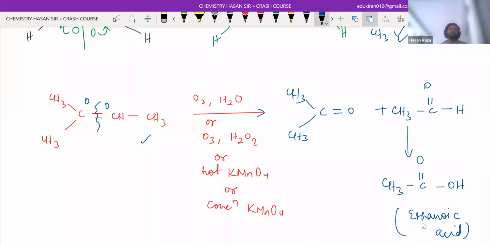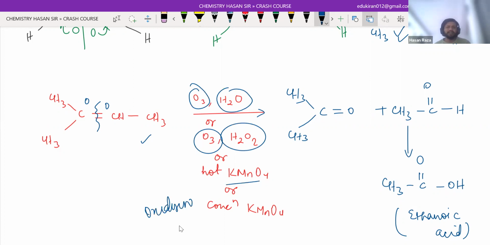Always remember that if you are going to use O3 in the presence of Zn and H2O, you will get ketone and aldehyde as they are. And if you are going to use O3 and H2O, or O3 and H2O2, or hot KMnO4, these are all oxidizing agents.